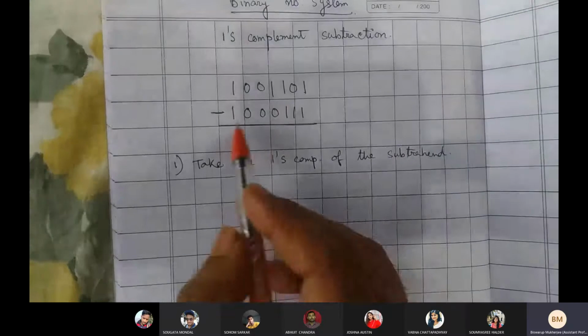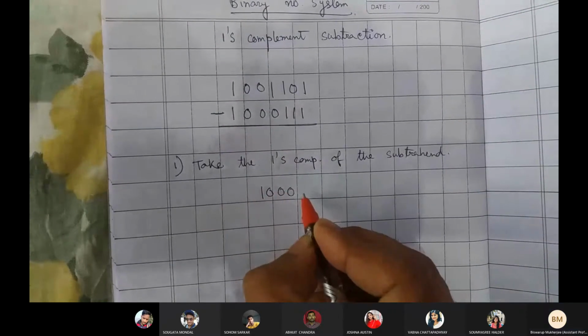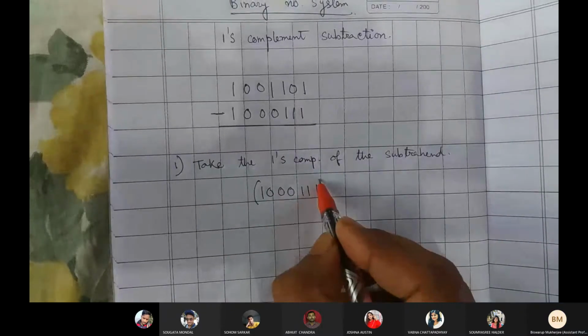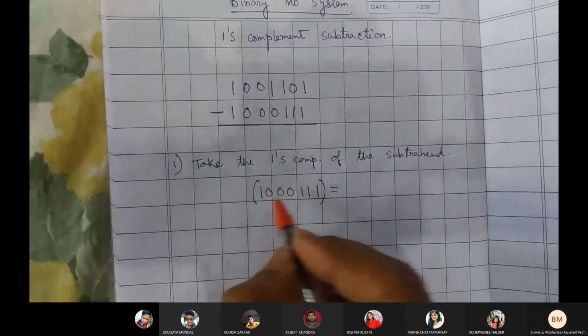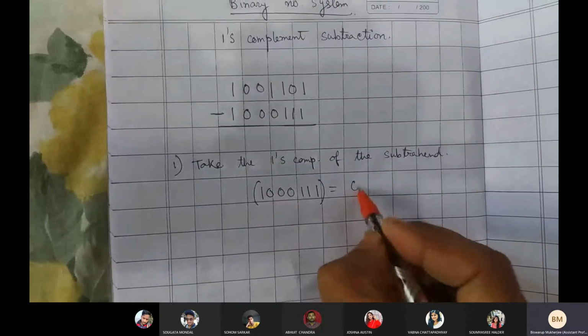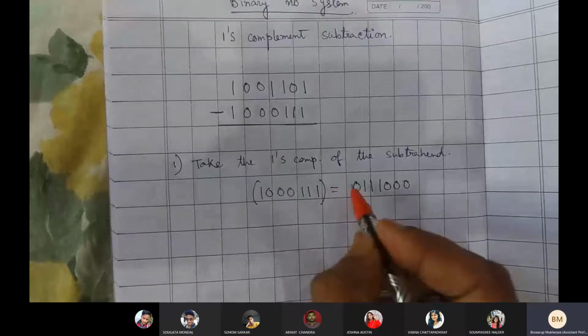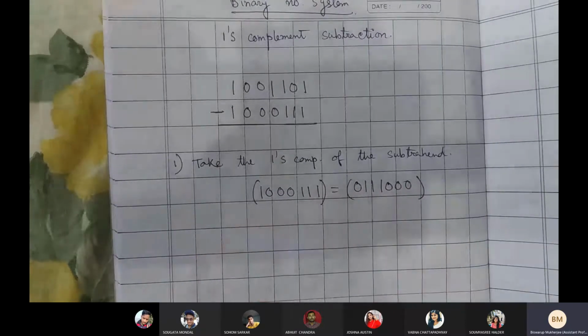So what is that? Ones complement means just এর উল্টো হবে, so 0 triple 1 then triple 0, right? So this is the ones complement, right?